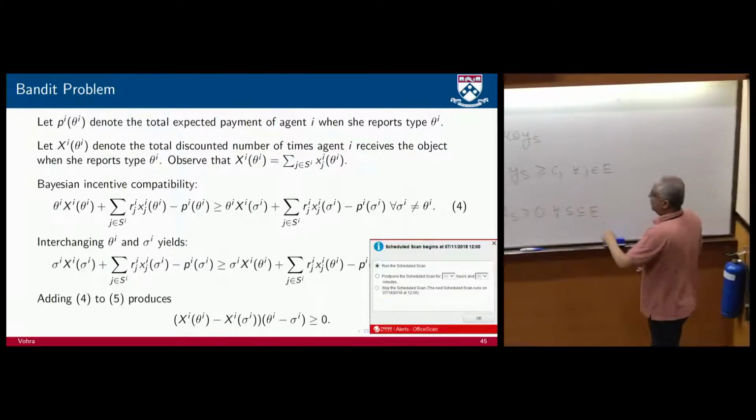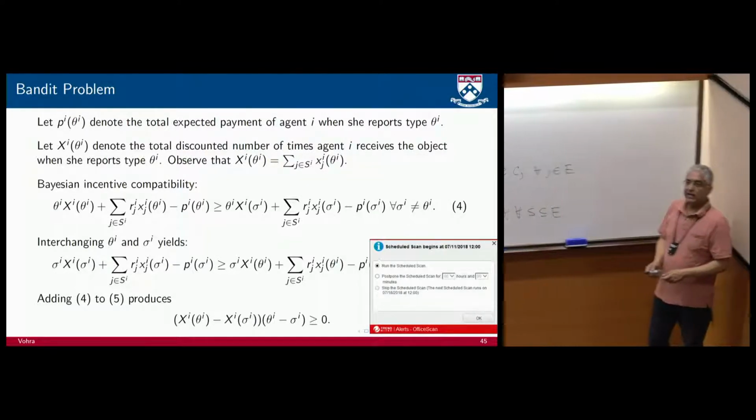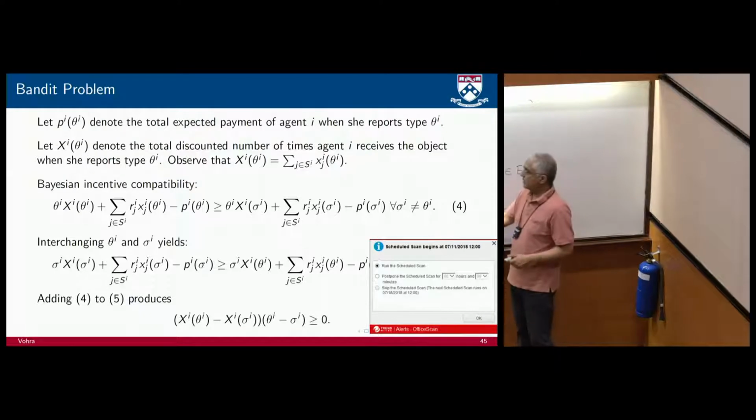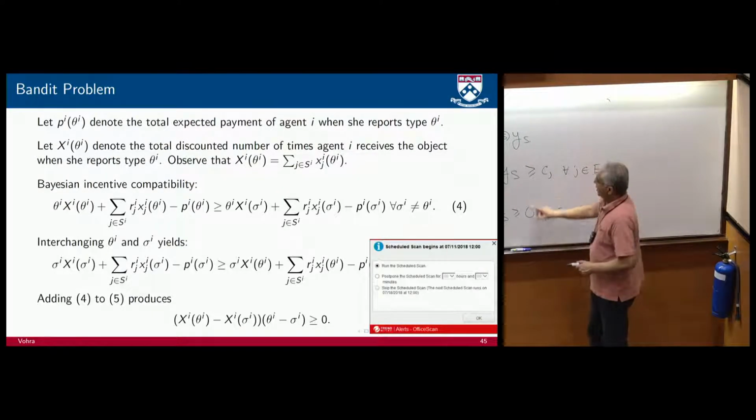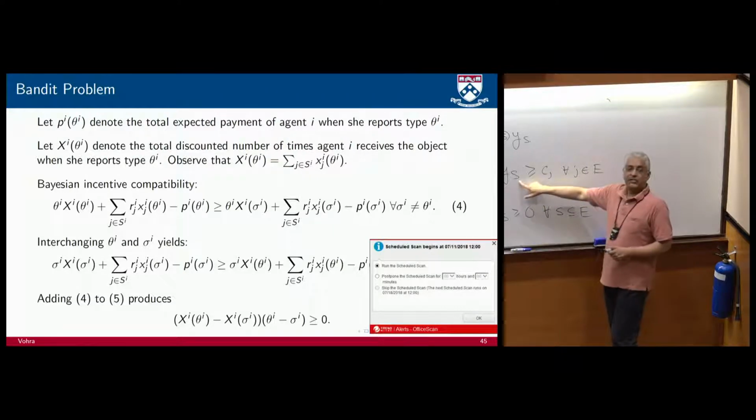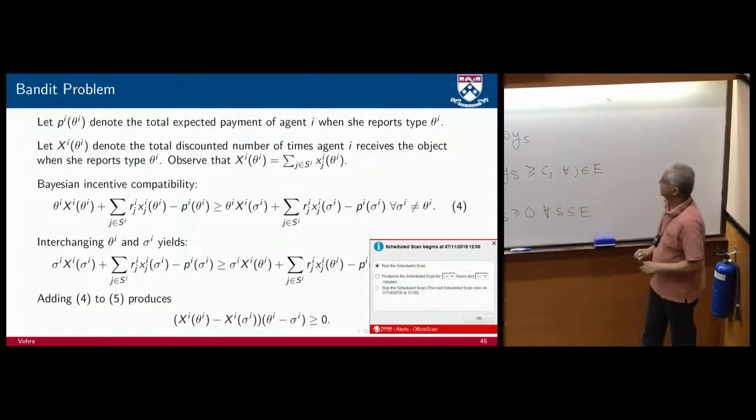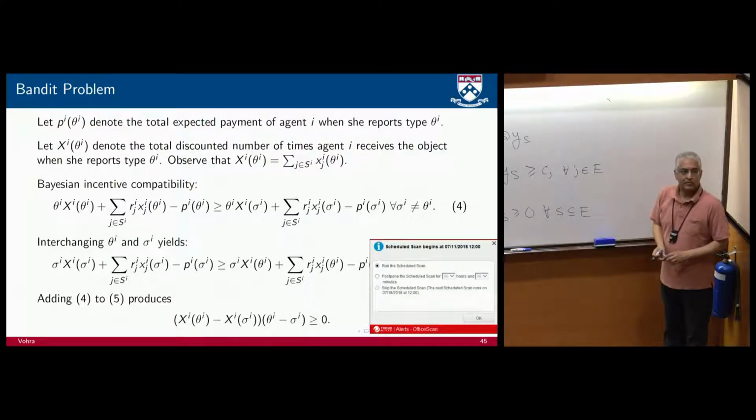So I put down a solution. I have to convince you that it is feasible. It certainly satisfies the non-negativity restriction, and I think it satisfies this. How do I know that?